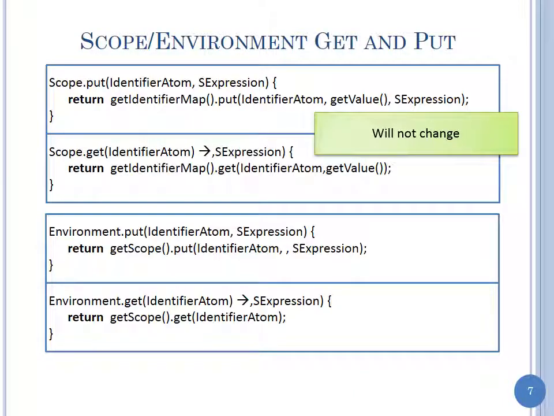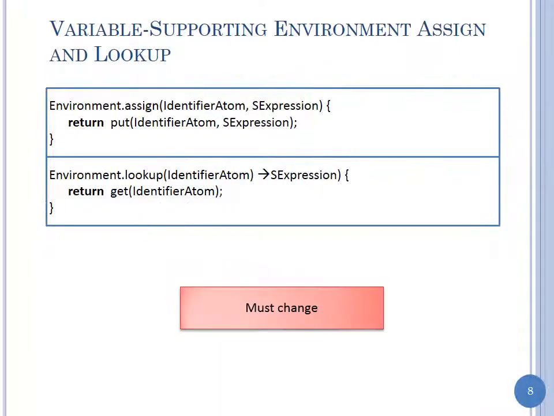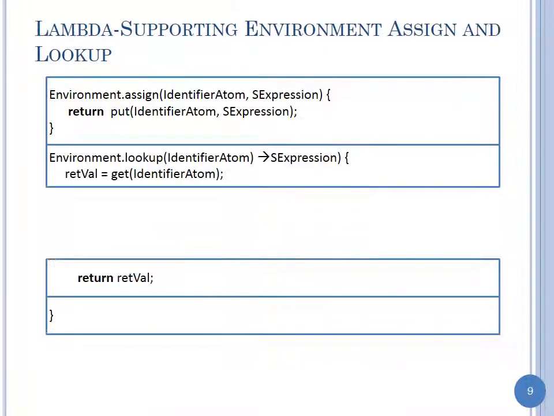As I said, we have scope.put and scope.get. We have multiple maps, but for now we're just talking about the identifier map, and we're just going to use the get and put of that map. And environment just does the get scope get and get scope put for its get and put methods. So that we are not changing for now, at least. We have to change assign and lookup somehow, and the question is how.